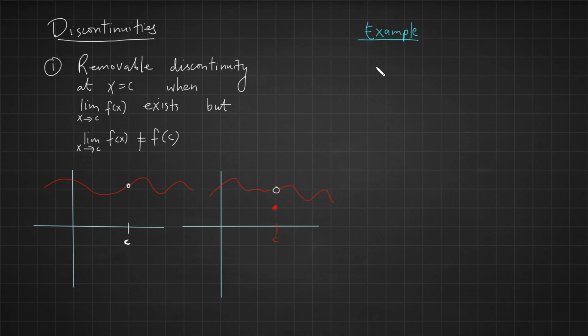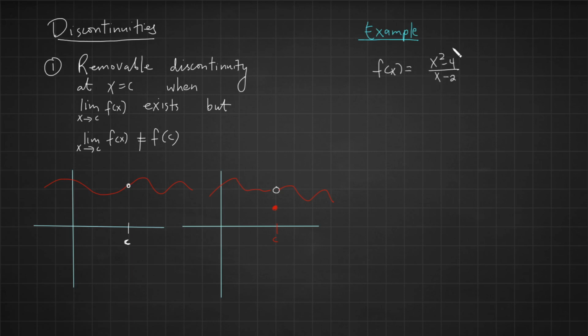So suppose gusto kong malaman kung ano yung mga discontinuity ng f of x is equal to x squared minus 4 over x minus 2. So a function will be discontinuous when it is not defined. Okay. So saan hindi defined itong function natin?